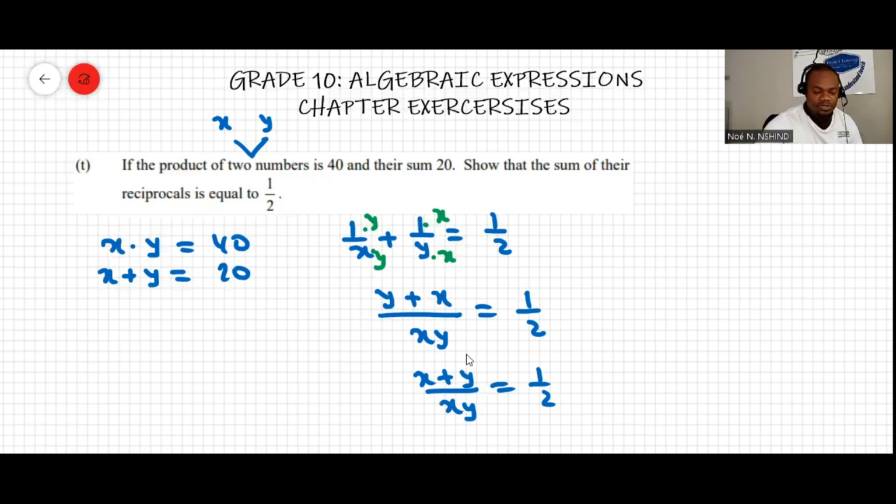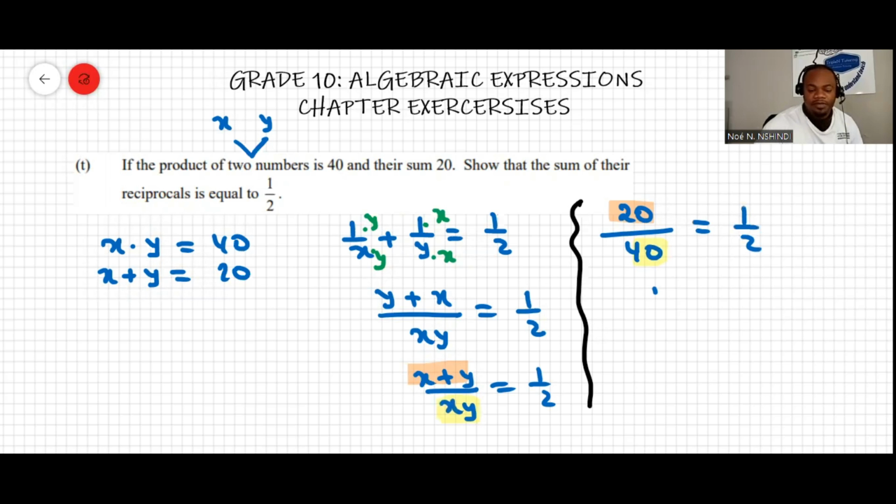So we will have 20, because this is the sum, over 40, this is the product, equal to a half. Now, of course, 20 over 40 is a half. We have a half equal to a half. We have proven that the left hand side equals the right hand side.